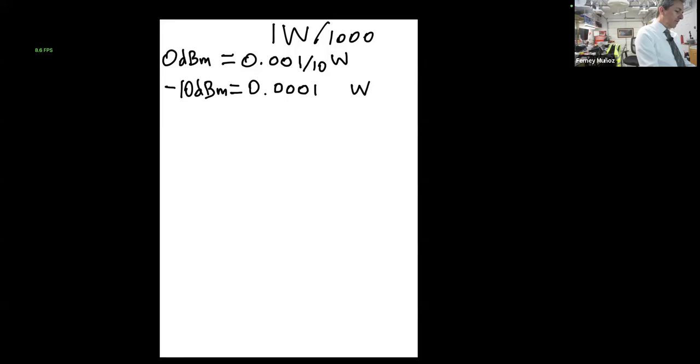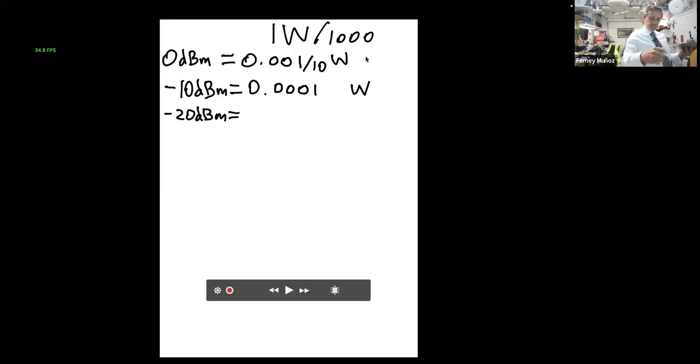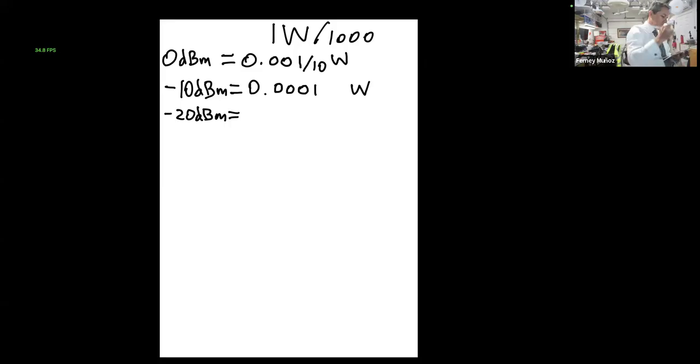If we go 10 more dB down to minus 20 dBm, what does minus 10 mean on the other side? Divided by 10. Divided by 10 again. So now we have a tenth, 100, 1,000, 1/10,000, 1/100,000th of a watt.